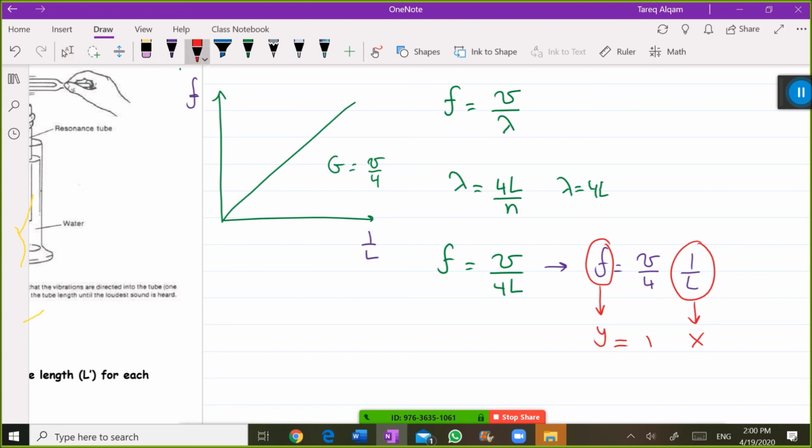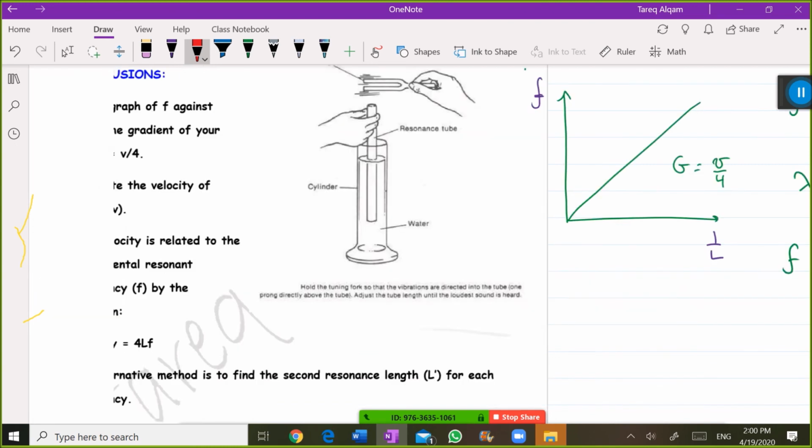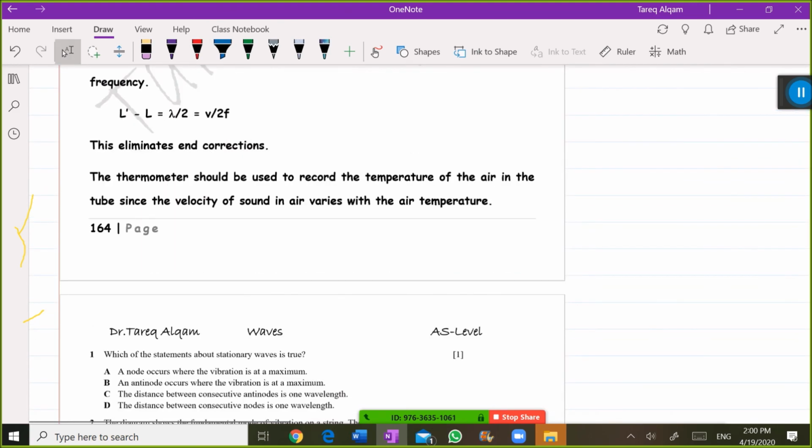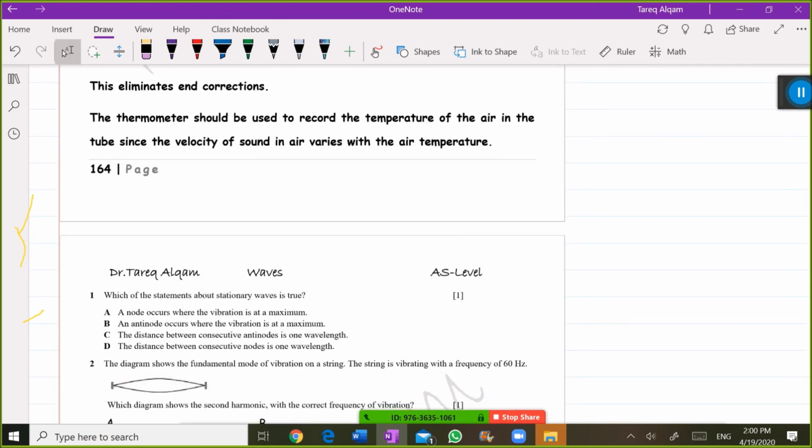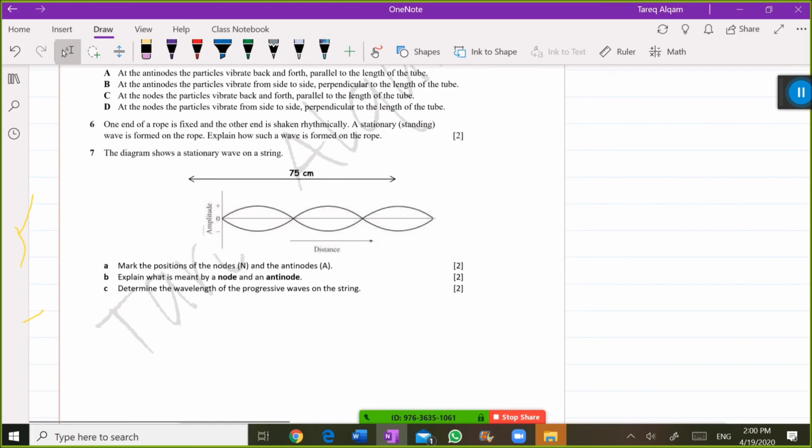So the gradient here is V over 4. So if I want V, V equals 4 times the measured gradient. Any question about that, guys? Next time we will start doing the questions and the past paper questions as well.